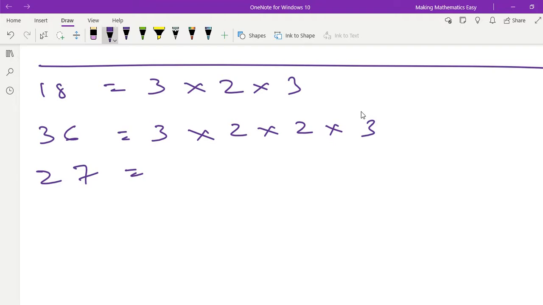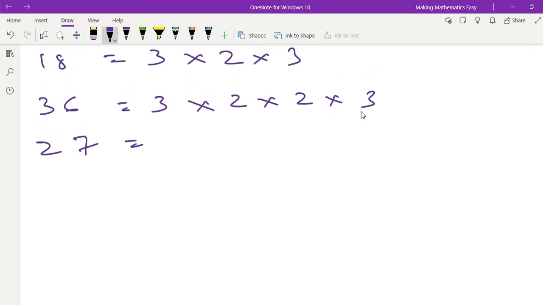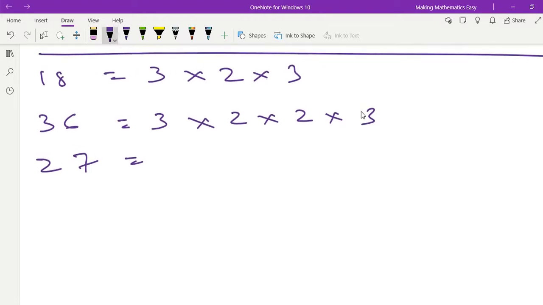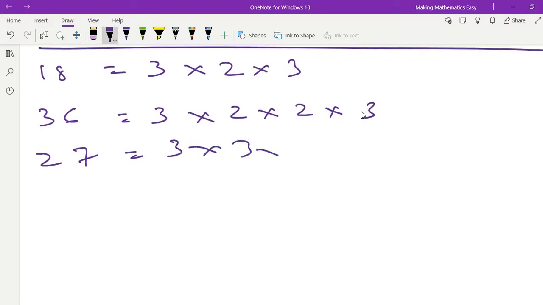So the factor of 36 is 3 into 2 into 2, and the factor of 27 is 3 into 3 into 3, correct?